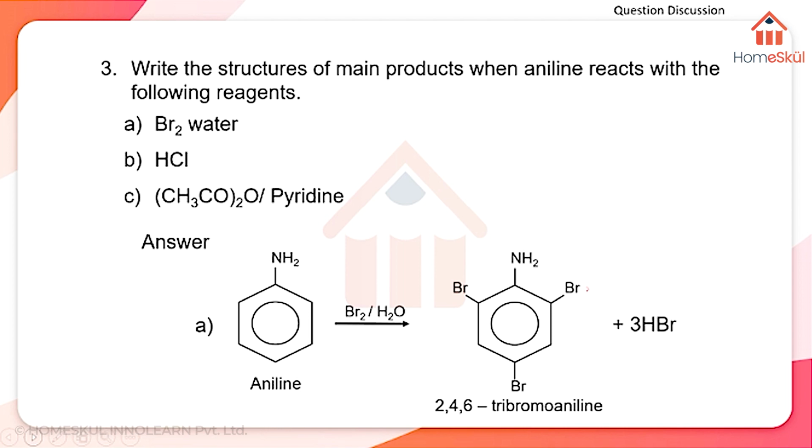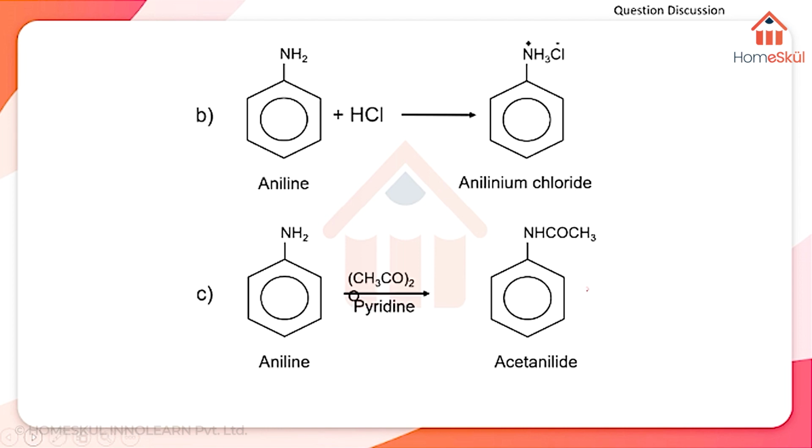In the second case, when aniline reacts with hydrogen chloride, this hydrogen chloride splits into H plus and Cl minus, and it will go towards this NH2 group, and here you can see formation of NH3 plus, then Cl minus. This H plus and Cl minus join with the NH2, and we get anilinium chloride.